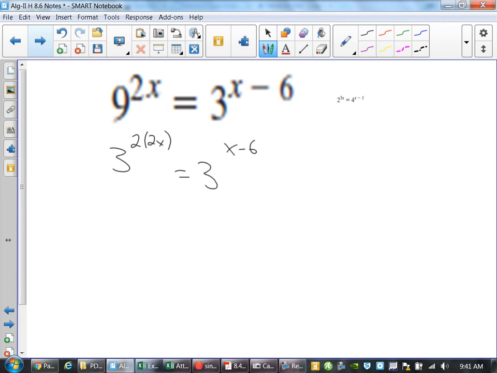Do we have the same base? Excellent, that's right. So you have 4x equals x minus 6. So 3x is negative 6, x is negative 2.